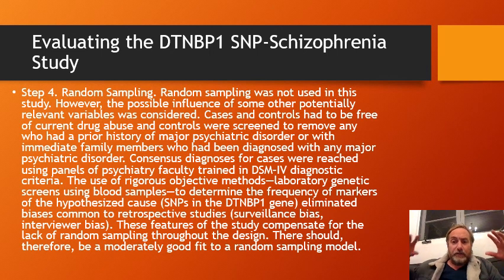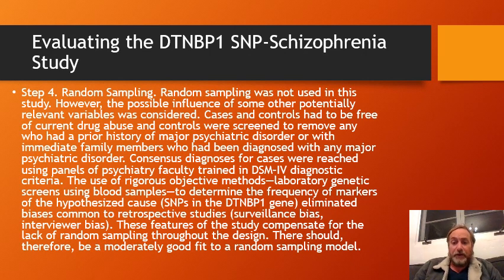They did use diagnoses obtained in clinical situations by trained people using the DSM-4 criteria. The testing for the genetic markers was objective, just using blood samples. So they didn't have to deal with a lot of these various biases like surveillance bias, interviewer bias.